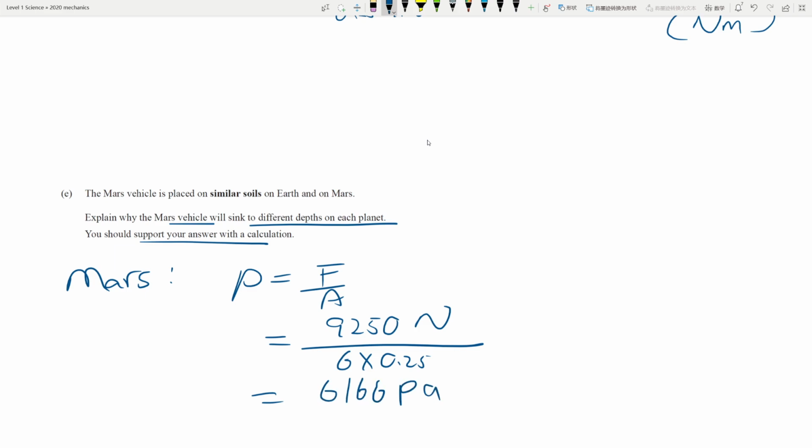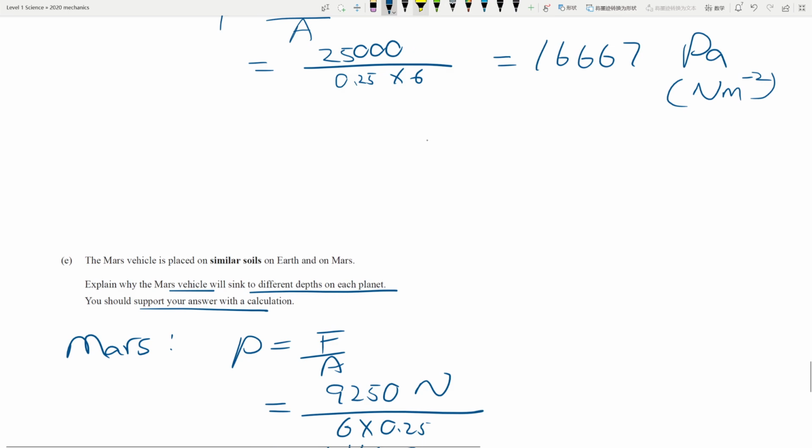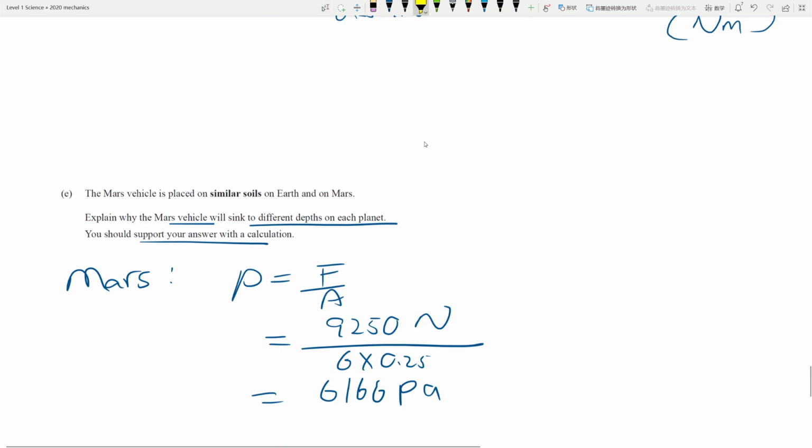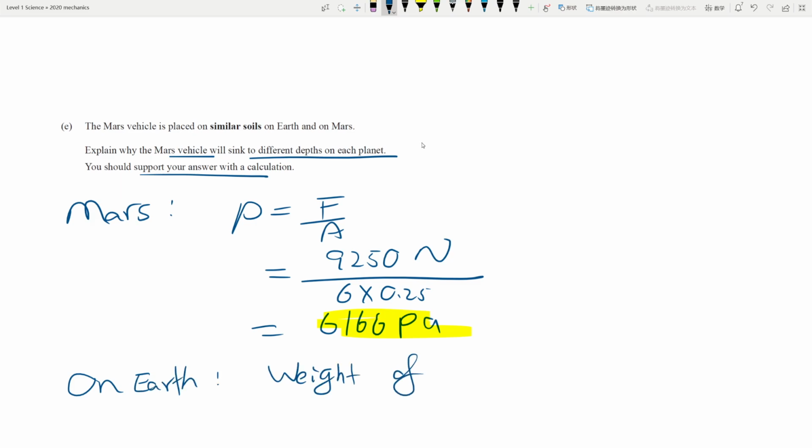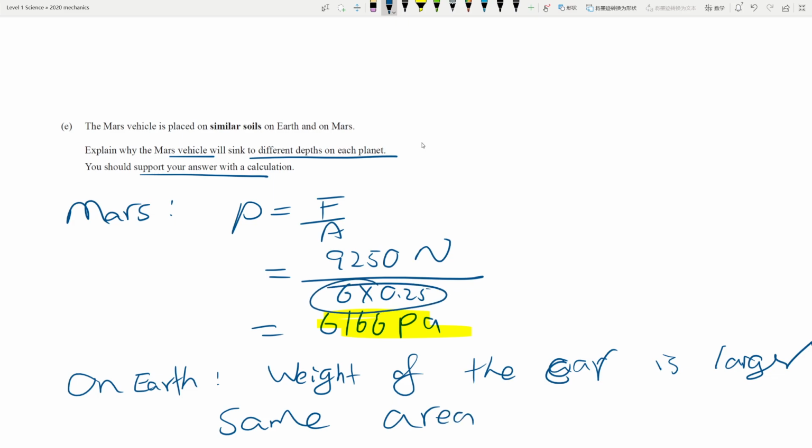So as you can see, on Earth the pressure is bigger compared to the pressure on Mars. Why is that? Because if you look at the calculation, on Earth the weight of the car is larger, and then they have the same area, which is 6 times 0.25.